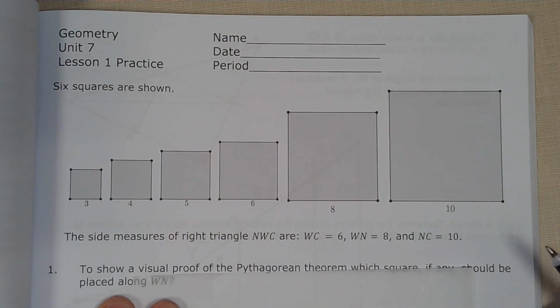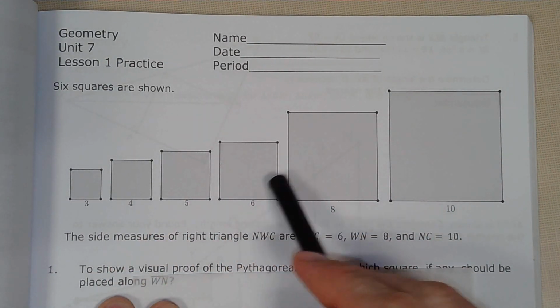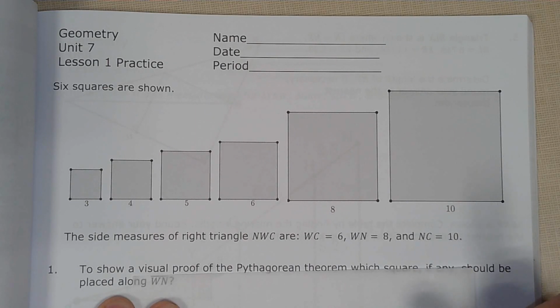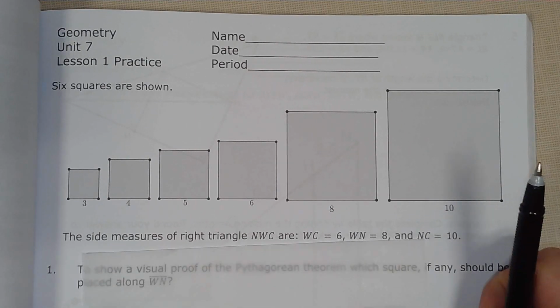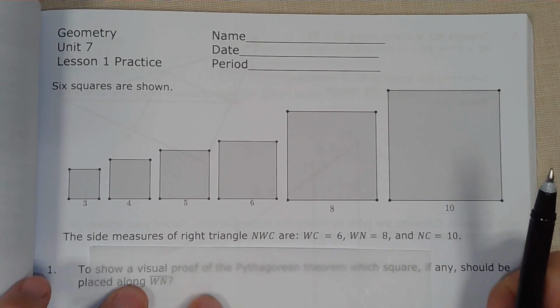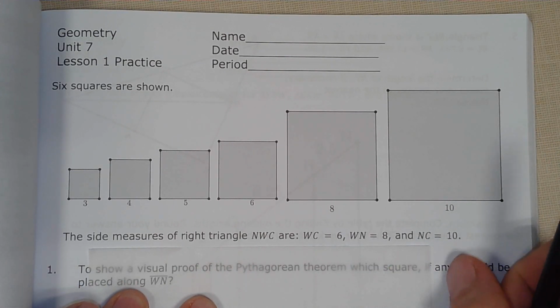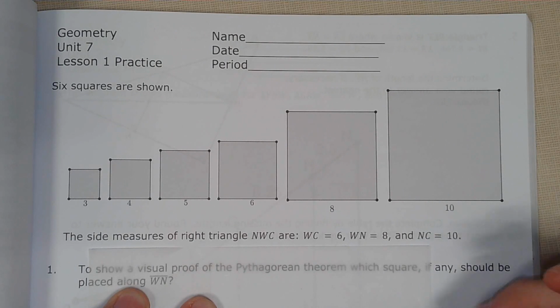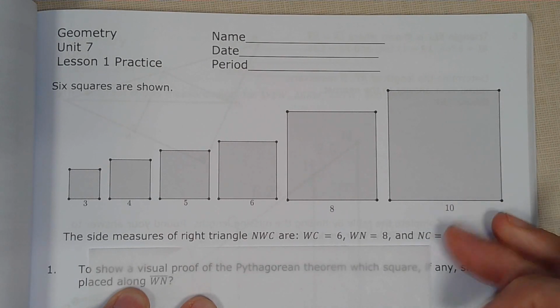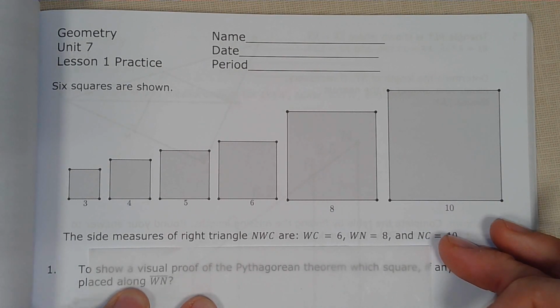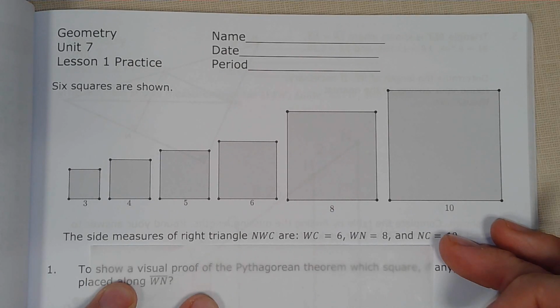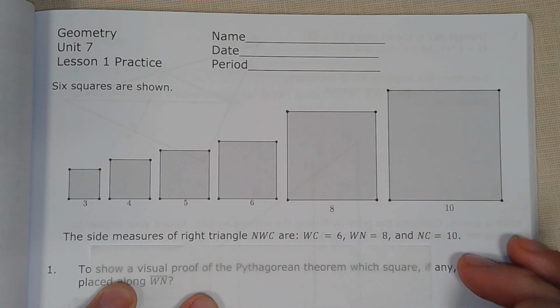We're showing these 1, 2, 3, 4, 5, 6 squares, and it gives us the side measures of a right triangle, 6, 8, and 10. And so we're going to make a right triangle with 2 legs of these right triangles being 2 of these measures.